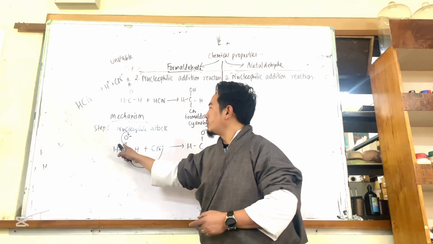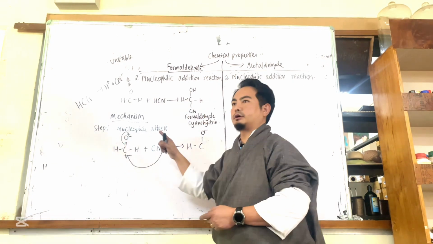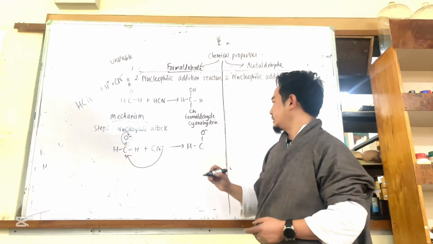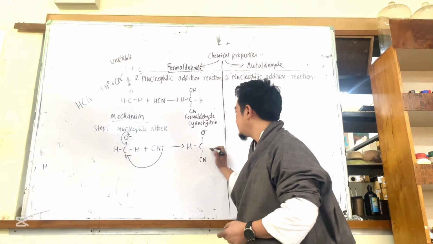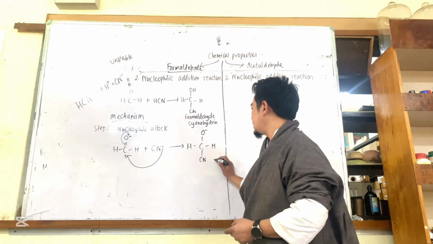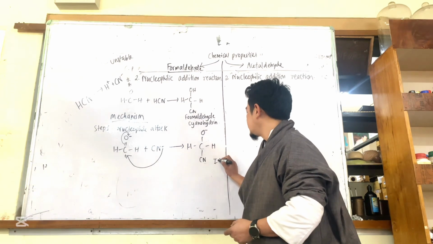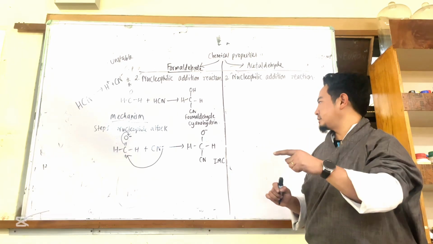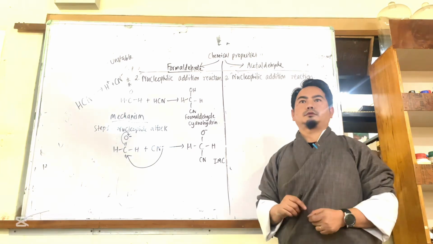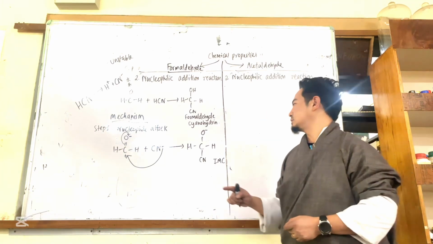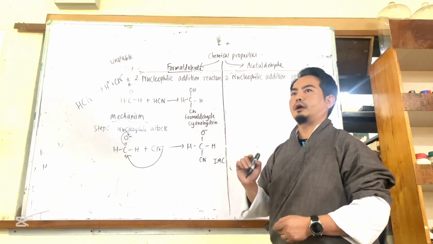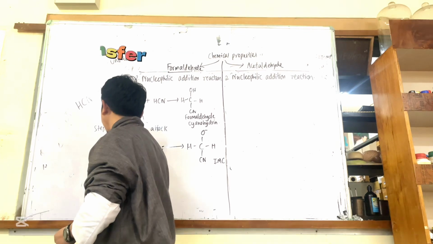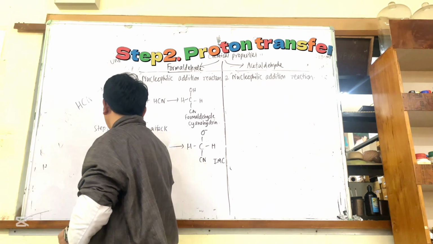There is no double bond. One of the bonds has been transferred here and it has changed into a negative charge here. Then you have a CN added here and then H. This is known as intermediate compound. Intermediate compound is short-lived and unstable, like nascent oxygen. So in step 2, it is proton transfer.